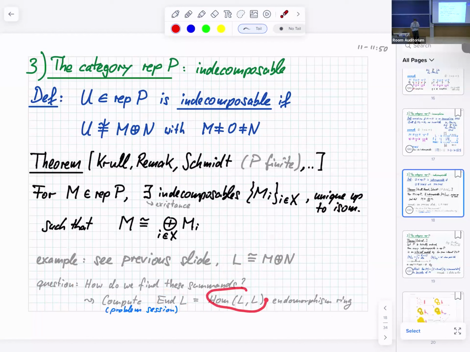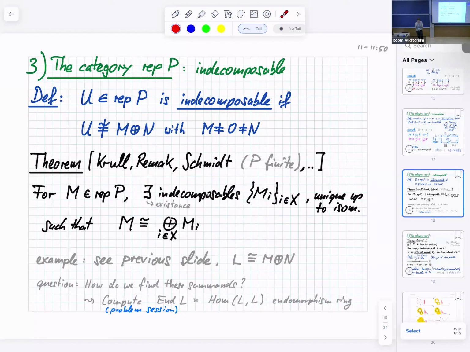So the set of all morphisms from L to itself, the endomorphism ring, and I would really study the endomorphism ring of that module, and the endomorphism ring from its structure will reveal how the module decomposes or if it is indecomposable. So that's really the message, and this can be done relatively efficiently, yeah? So the message is really, instead of looking at the module L itself, I would look at the collection of all of its morphisms from L to itself, study this ring, and then I will understand if it's decomposable and how it decomposes, yeah?